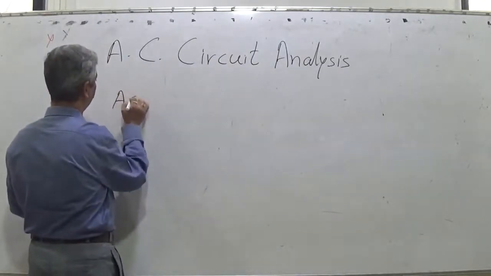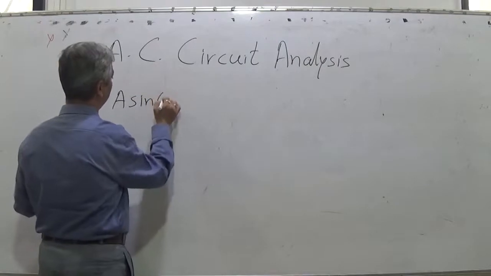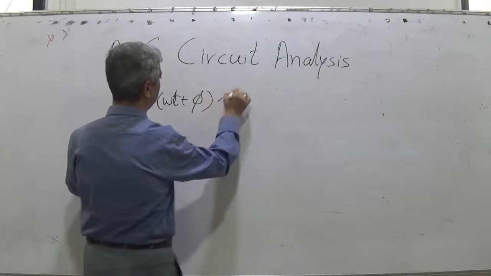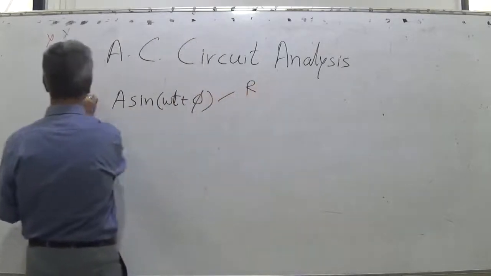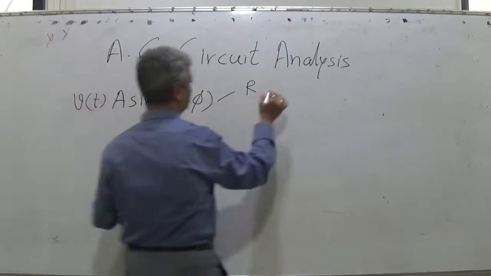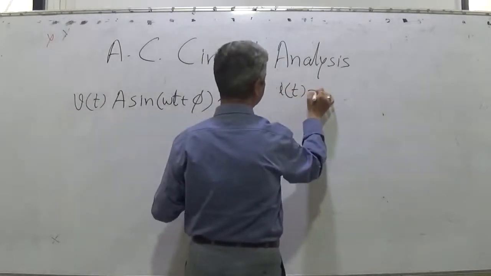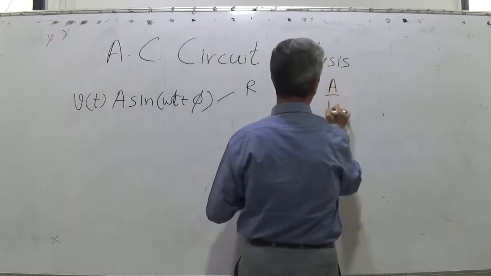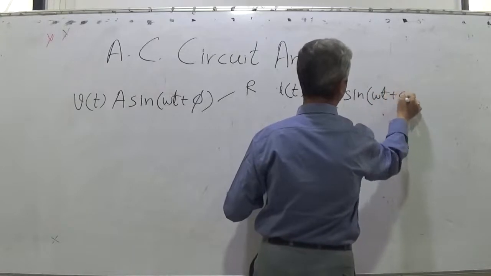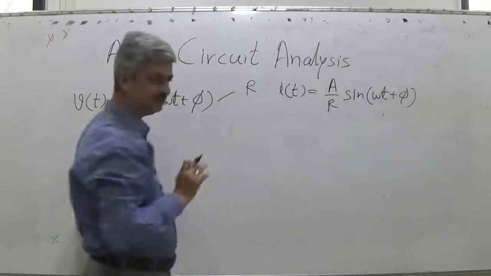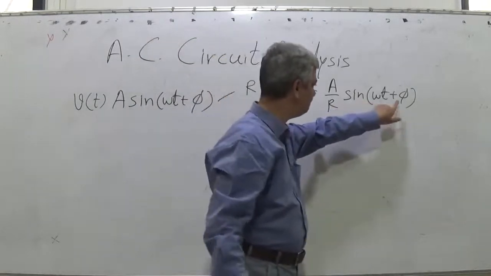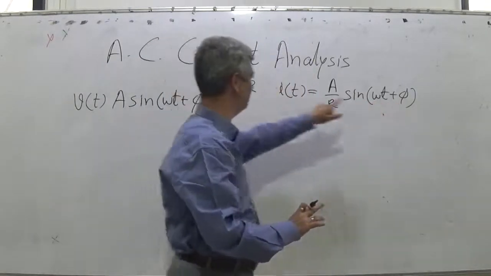If I apply A sine omega t plus phi as input to a resistance R, this is voltage Vt, and for resistor R, It is A upon R sine of omega t plus phi. So for sinusoidal voltage, there is sinusoidal current of same phase. So voltage and current are in phase.